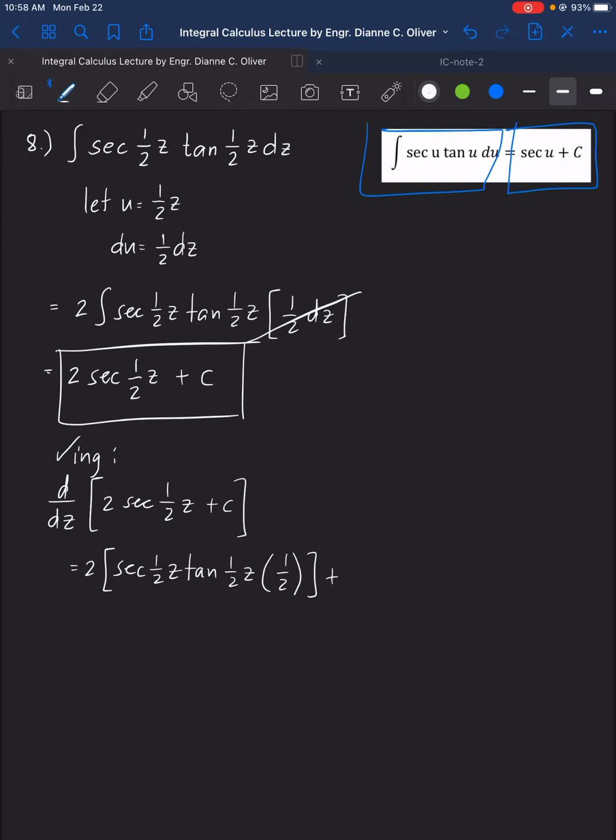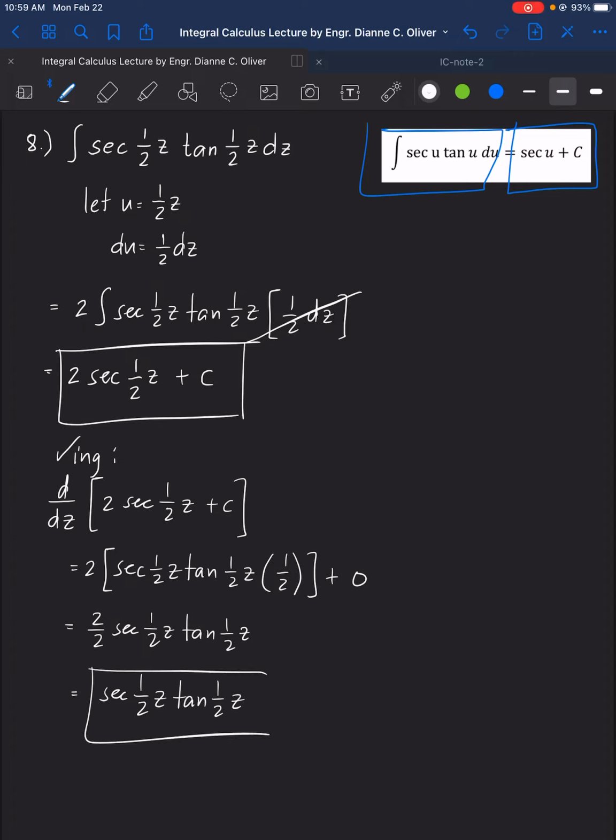Plus the derivative of c is 0. So that is now equal to 2/2 secant 1/2 z tangent 1/2 z. Cancel out, so what's left is secant 1/2 z tangent 1/2 z. So you can see here it's the given. That means the answer here is correct.